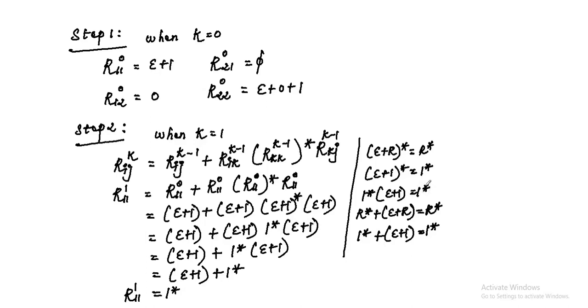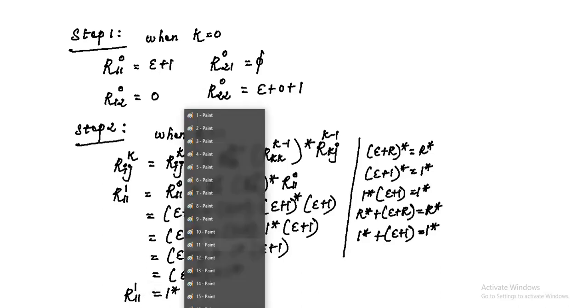As per the basic formula, 1 star and the remaining portion is epsilon plus 1, so you directly write 1 star. So 1 star plus epsilon plus 1. As per the identity rules, r star plus epsilon plus r equals r star. Then you write 1 star here. So R11 raised to the power 1 is 1 star.